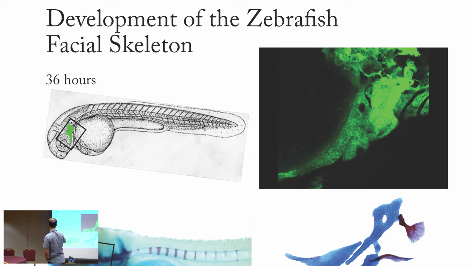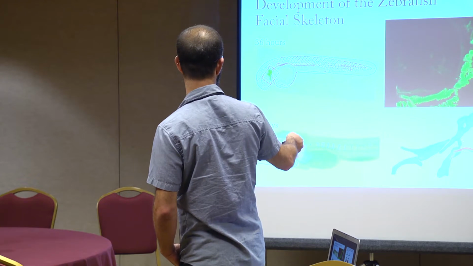What happens is that there are these very interesting cells called neural crest cells that form near the developing brain. During early development, these cells move from the brain down to where the face is going to form. Then these cells become the cartilage and bone that forms most of our head and most of the zebrafish head. This is showing nicely how we can visualize these cells right after they migrated down, then turning into the jaw skeleton.